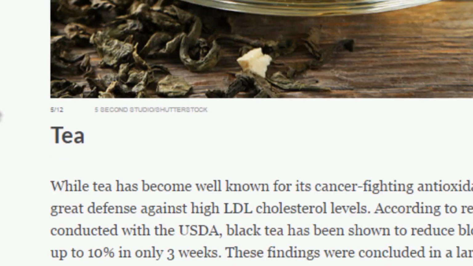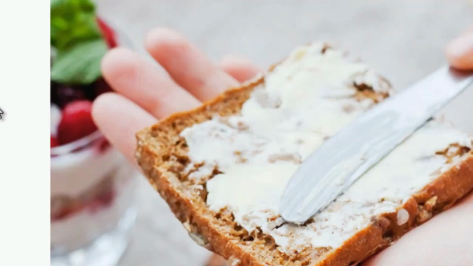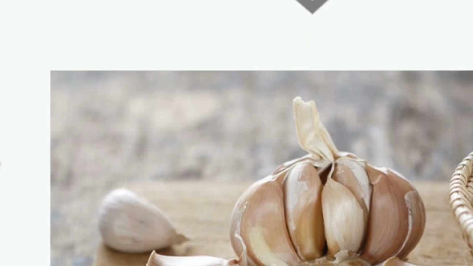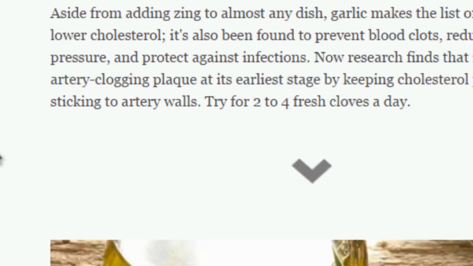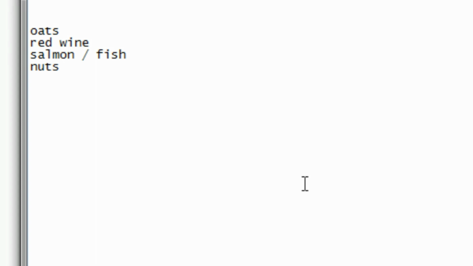We can see teas, beans, chocolate, margarine, and garlic and olive oil. There are actually other olive oils or types of oils that can lower cholesterol. So we can do oils, and let's start with that.